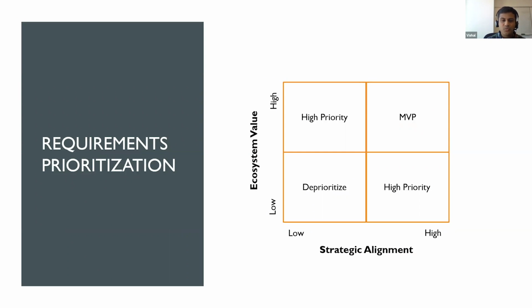In other words, I look at what's must have versus nice to have. I also investigate alternatives for every feature that I'm building. Another key factor I consider is alignment of a given feature with the company's strategy and long-term objectives of the business.